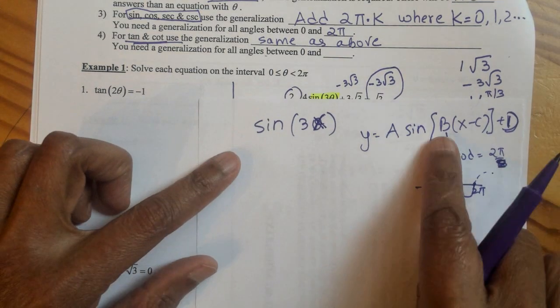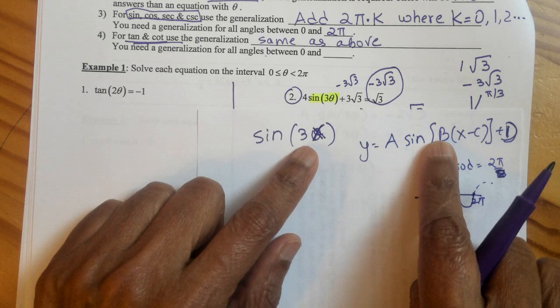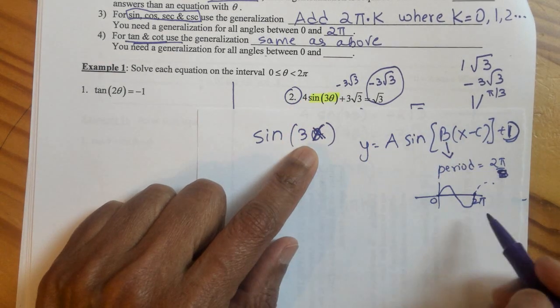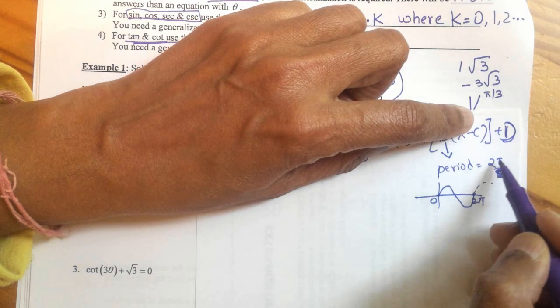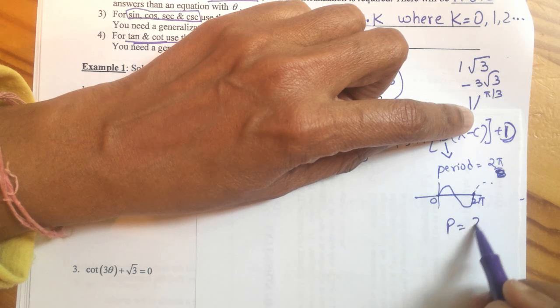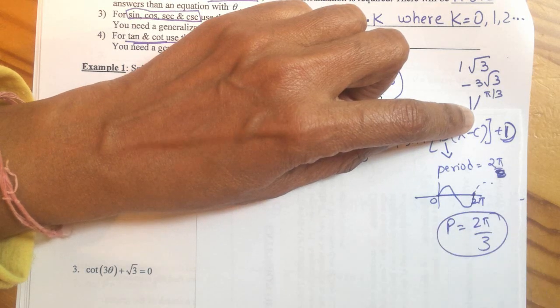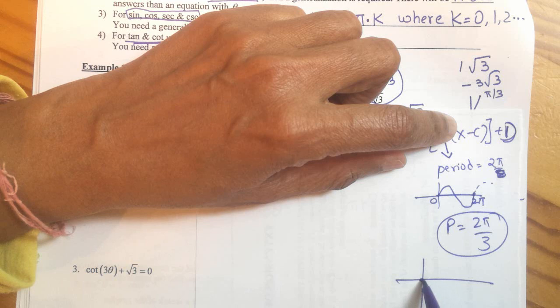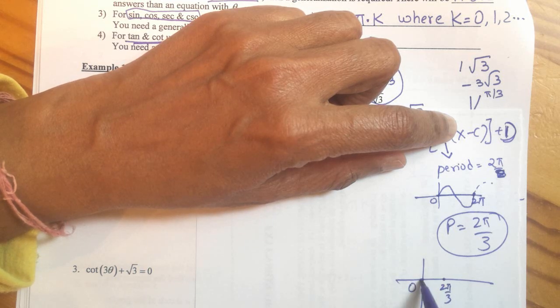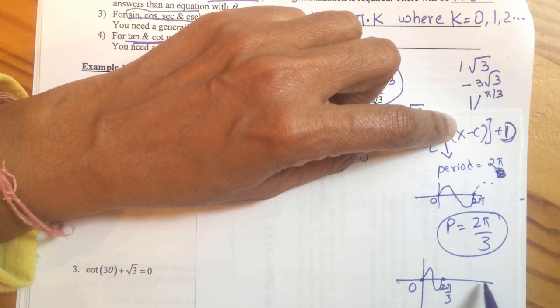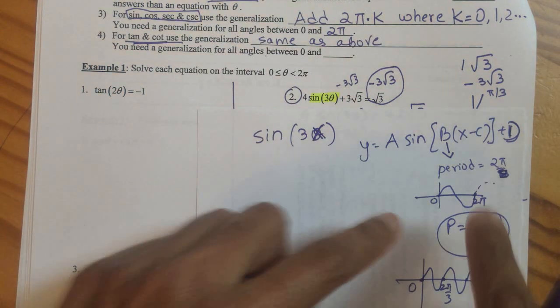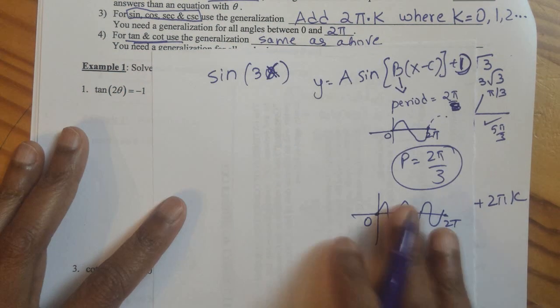But if my b is 3, like in this case, 3 theta, 3x, what does this mean? My period becomes 2 pi by 3. That means one wave is going to go from 0 to 2 pi by 3. So how many waves fit in from 0 to 2 pi? 3 waves. So it basically means my wave is actually compressed.